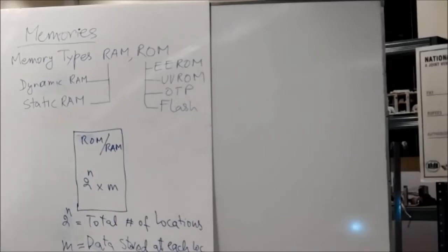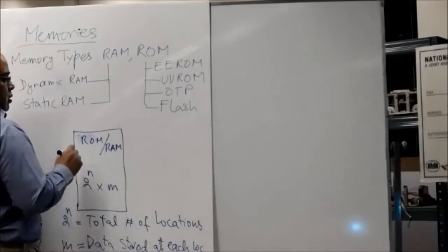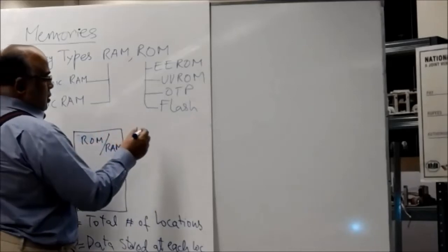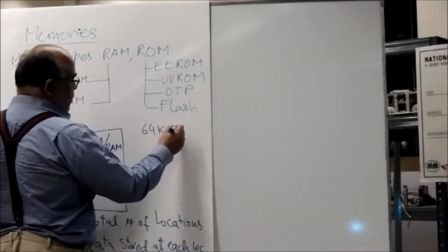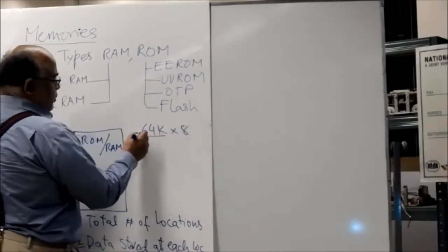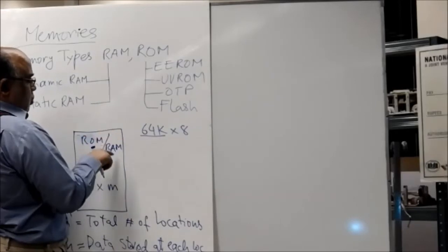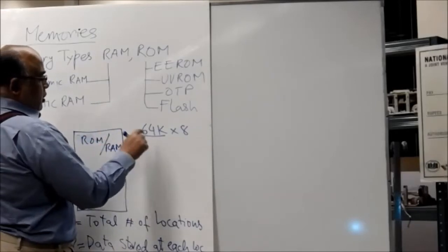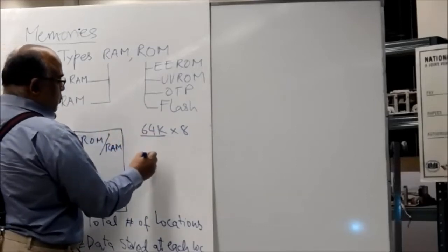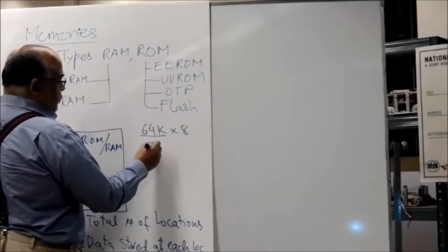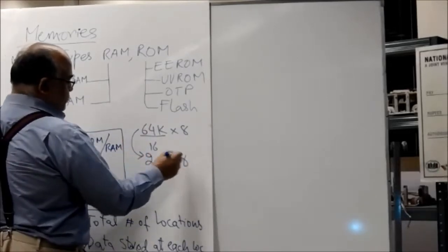So if the memory has 64K multiplied by 8, that means there are 64K locations. In the case of ROM or RAM, this 64K is the nearest value to 2 raised to the power something. So 64K is nearest to 2 raised to the power 16, multiplied by 8.